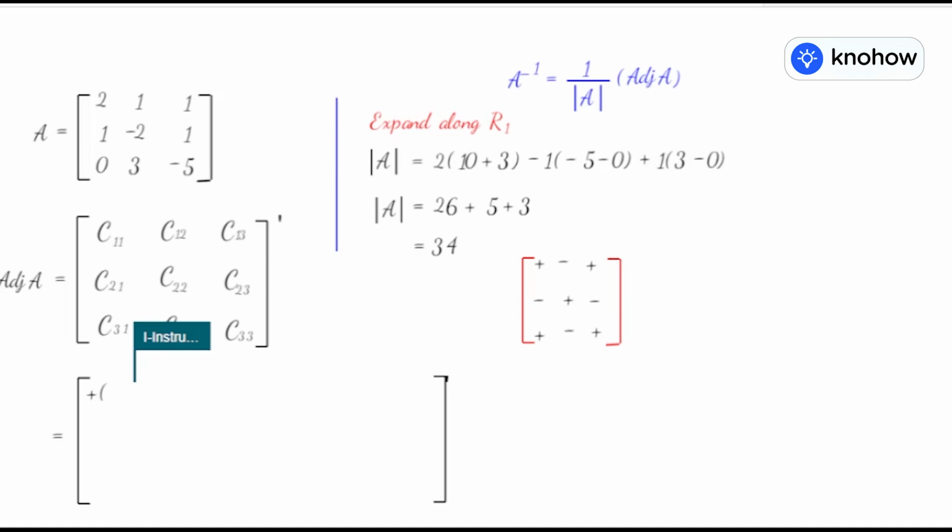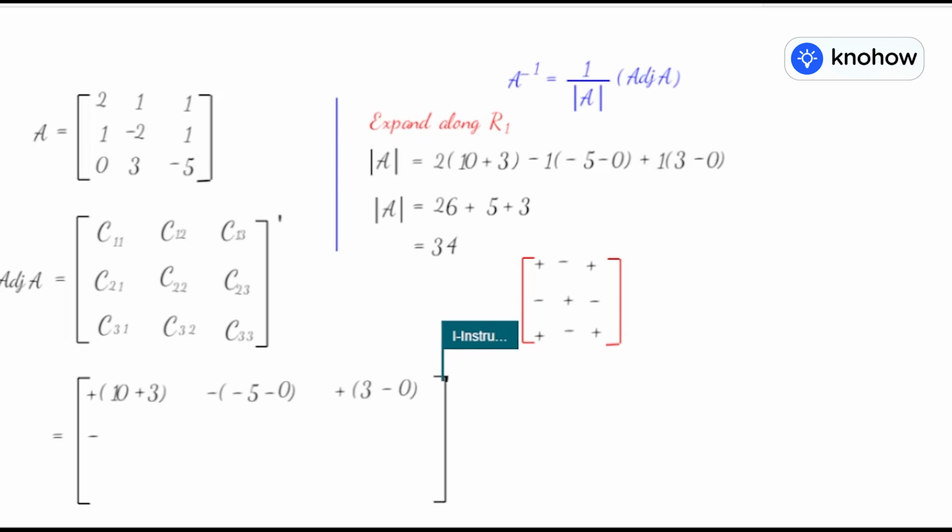So for one element, delete the row and column through 2, you get 10 plus 3, and outside I write plus. So plus times in the bracket 10 plus 3. Then for the next element of the first row, it is minus times, delete the row and column through 1, you get minus 5 minus 0. And then plus times, delete the row and column through 1, you get 3 minus 0. Similarly, I am writing now, but you repeat the process yourself.